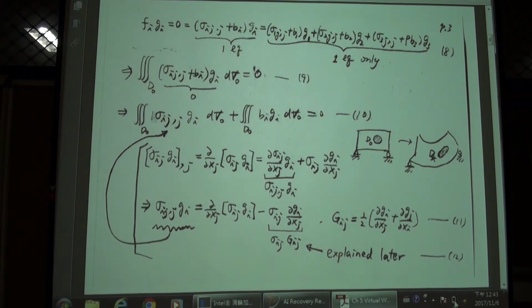Now we want to expand this equation into two terms. This one times this one equals this one. This one times this one equals this one. Also, before we can derive the virtual work principle, we need to do some mathematical calculations.